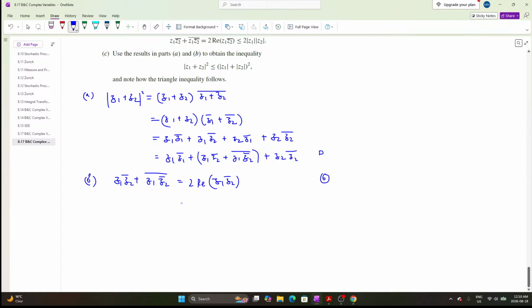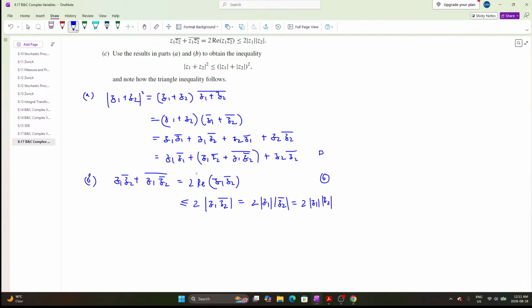So this is less than or equal to 2 times the modulus of z1 z2 bar. We have that inequality from earlier, and this is just 2 times z1 modulus times z2 bar modulus, and z2 bar modulus is the same as z2 modulus, so therefore you get 2 z1 modulus z2 modulus.